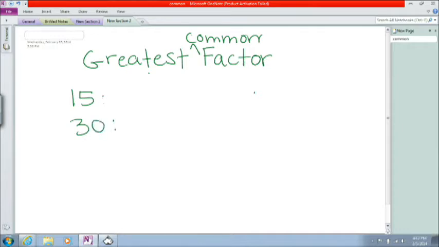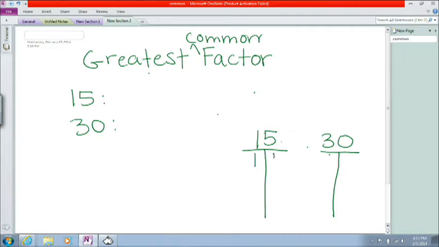In order to do that, we need a list of all the factors of both 15 and 30. I have a little graphic organizer I have my students make when they're just learning how to find factors, because the hardest part is making sure that you have found them all. It's almost like a little T-chart for each.